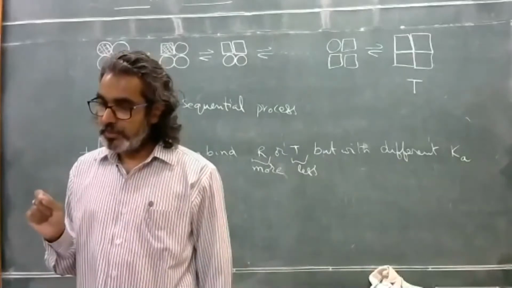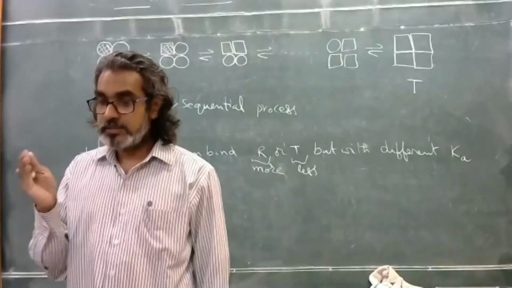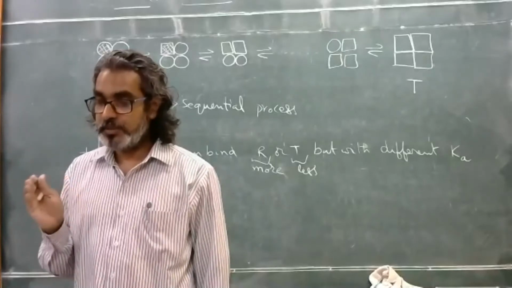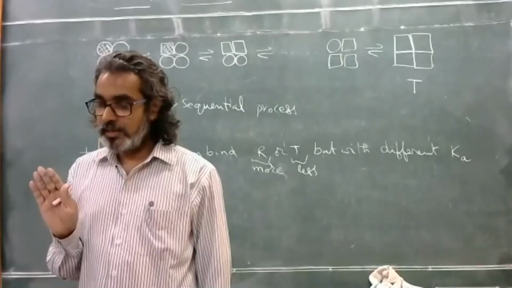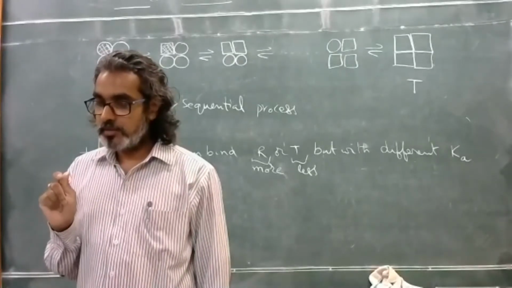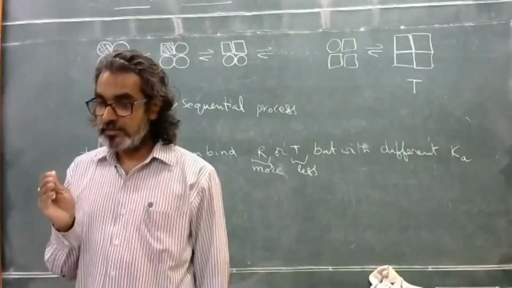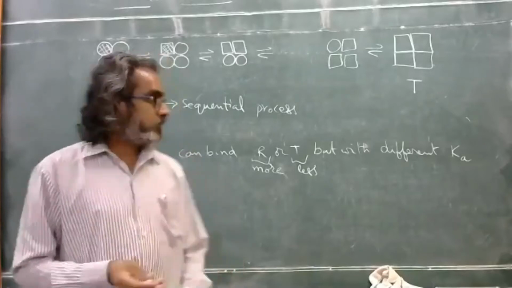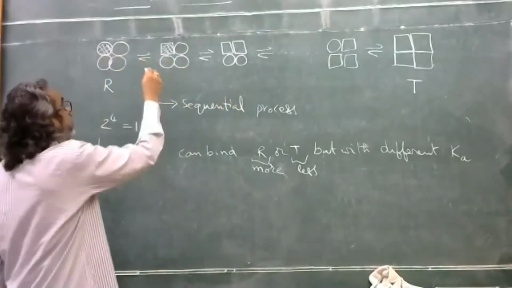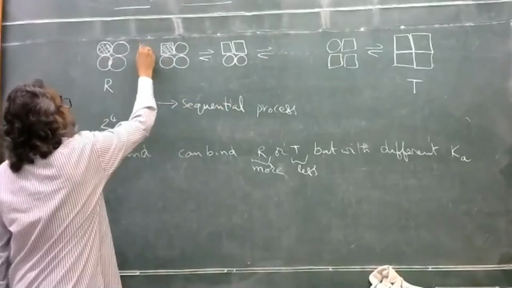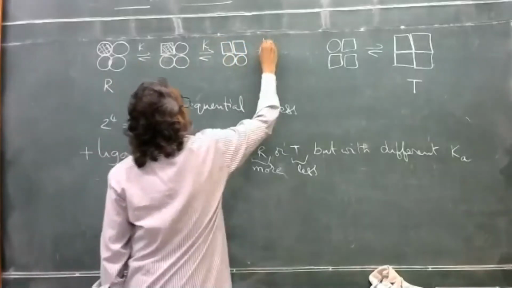What is missing in that picture is which state is populated more or which state is populated less. The picture shows all possible states, but in reality we have to know which one exists more and which one less, because of the binding. Like I said, these are equilibria between different states, so you keep adding equilibrium constants for all this equilibrium.